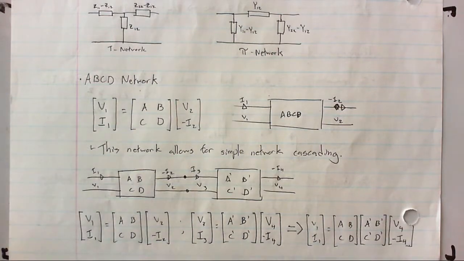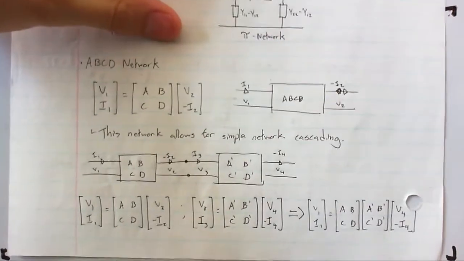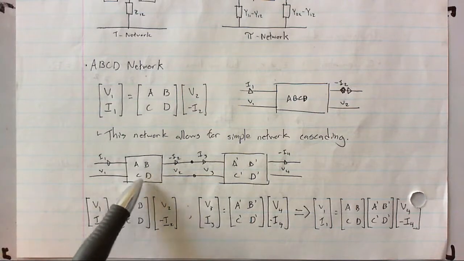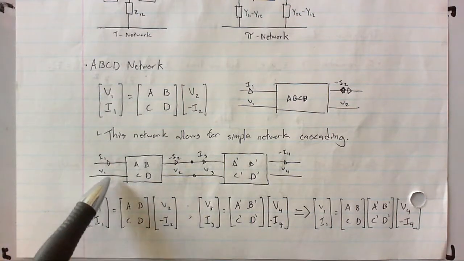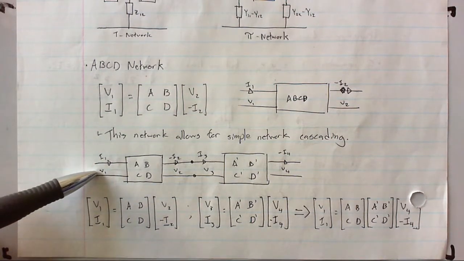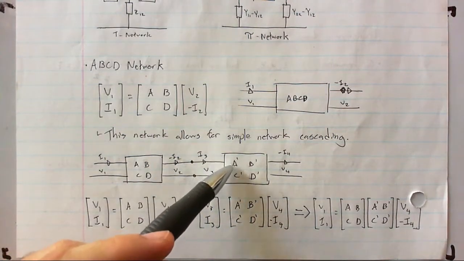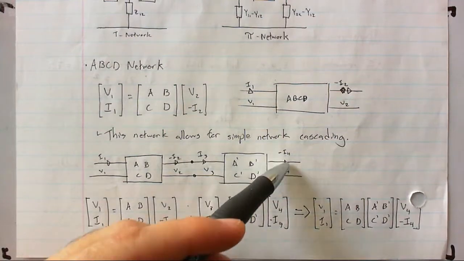This also allows you to do very simple network cascading. Say you've got some network, which I'm representing by these blocks with ABCD on them. You've got some input, I1 and V1, and it's got an output. That output is then the input to the next network, and then you've got an output there.